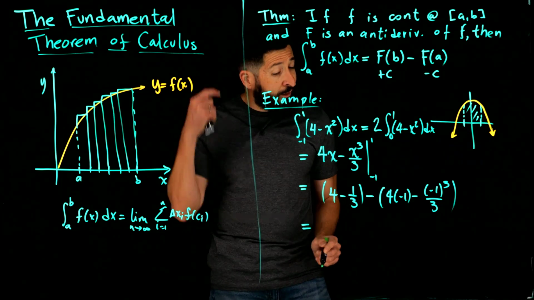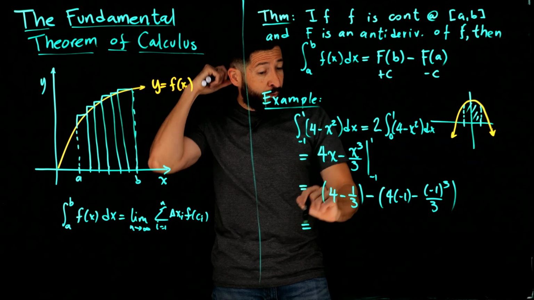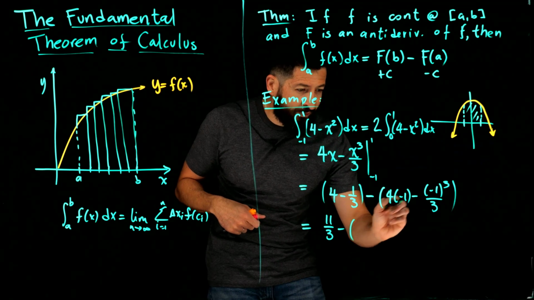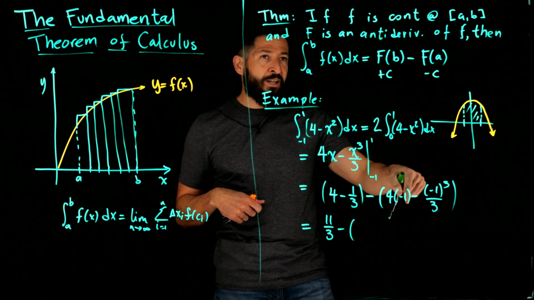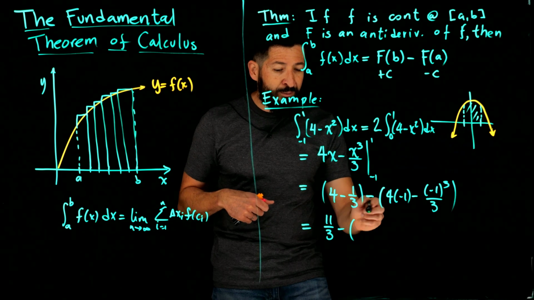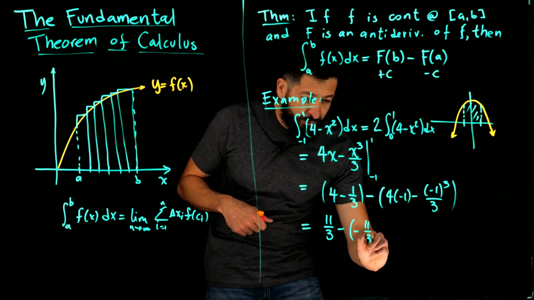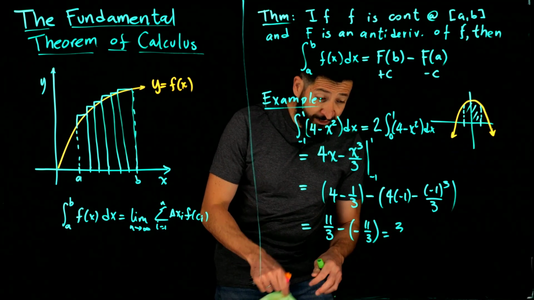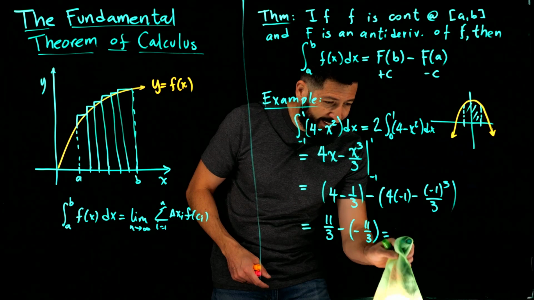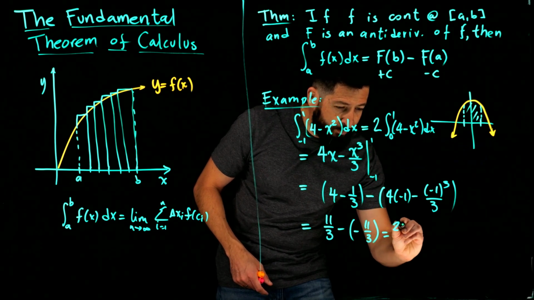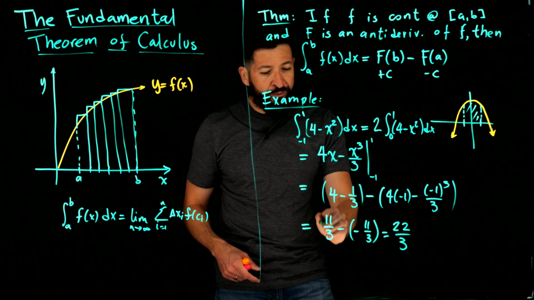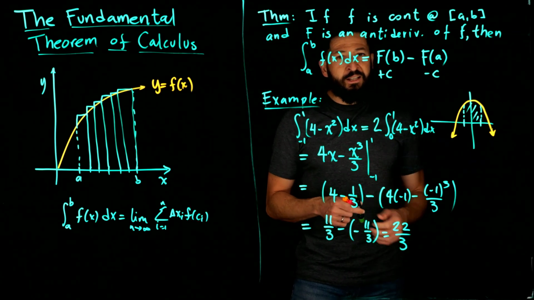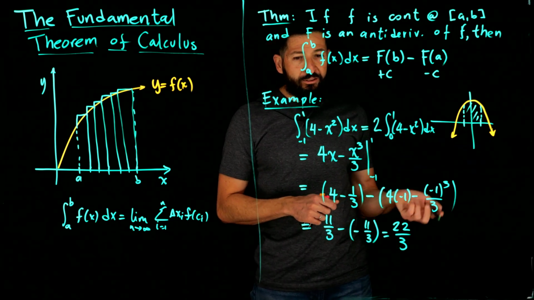In any case, 4 minus 1/3, you're going to have 12/3 minus 1/3, which is 11/3, minus, and if you compute this one, you're going to have -4 minus negative, so plus 1/3, which is again -11/3. When you add it, you get 22 thirds, which would be the same thing as if we had computed the first term and multiplied it times 2.